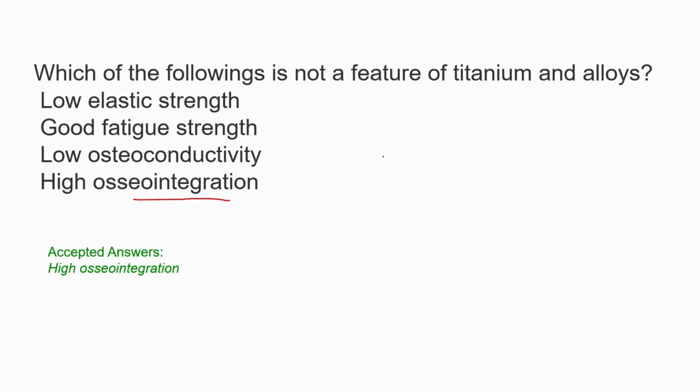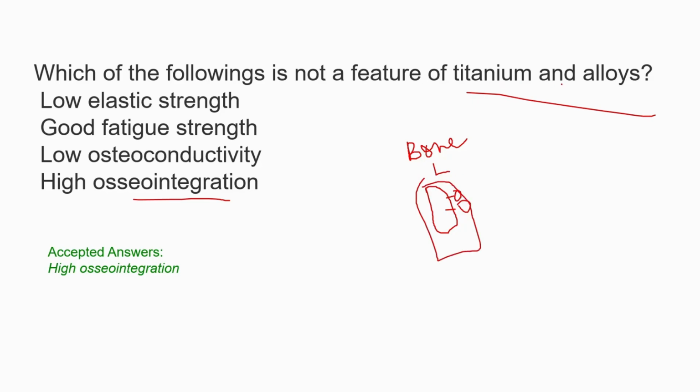So osseointegration, basically titanium and alloys are used for bone tissue engineering. And osseointegration is these bone cells or osteoblasts integrating with the implants, or adhering and attaching over the implants to form a part of the body.